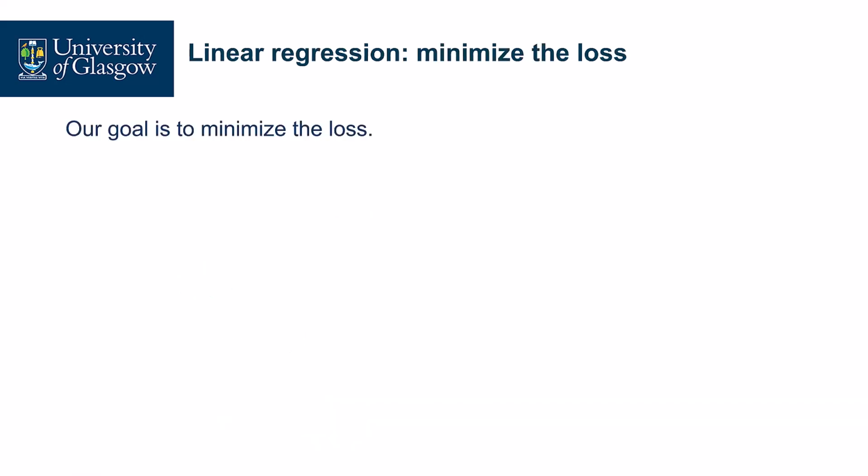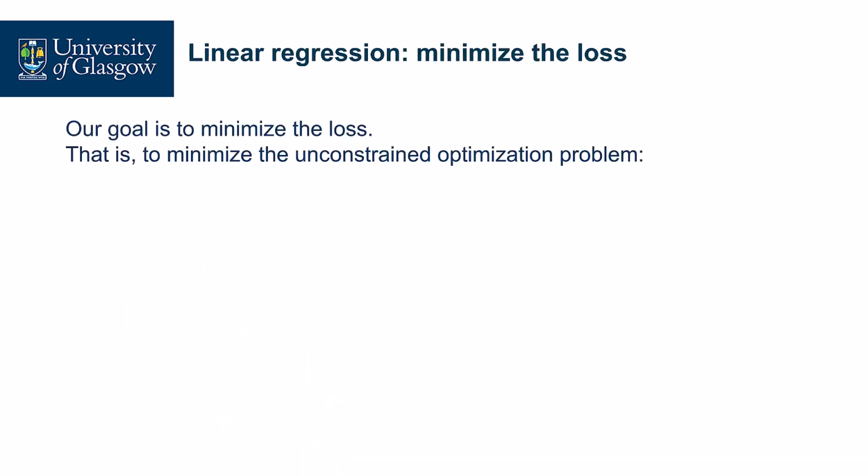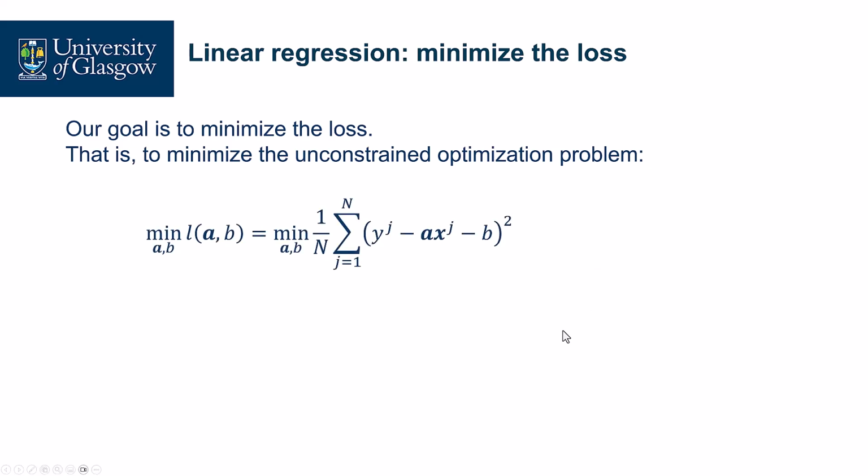Now we need to minimize this function, right? This function is an unconstrained optimization problem, and we can describe it as here. So a and b are the decision variables to be optimized, and we want to find the optimal value of these.